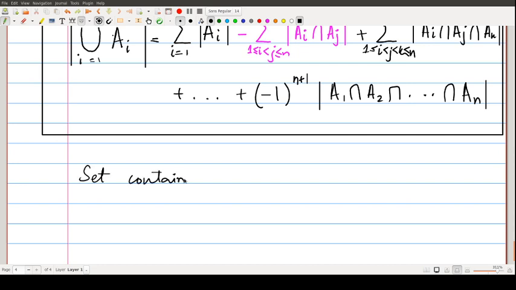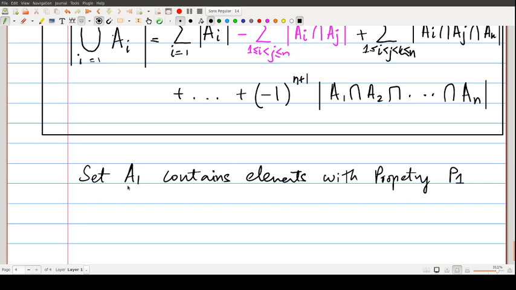Set A1 contains elements with property P1. For example, set A1 contains all the students that have taken the discrete math course, right?